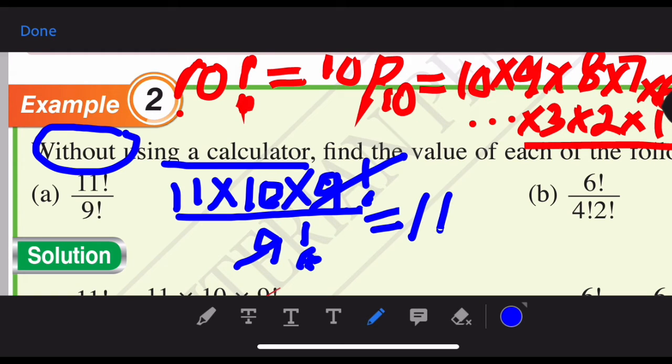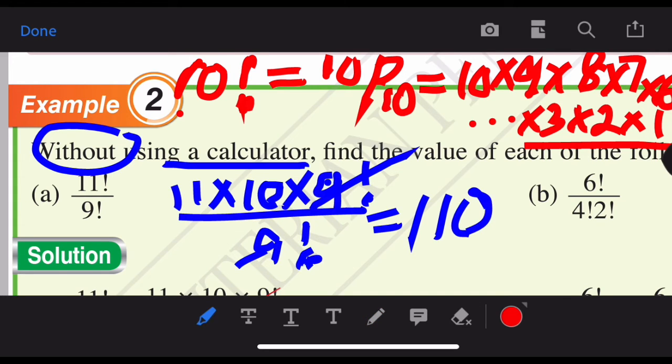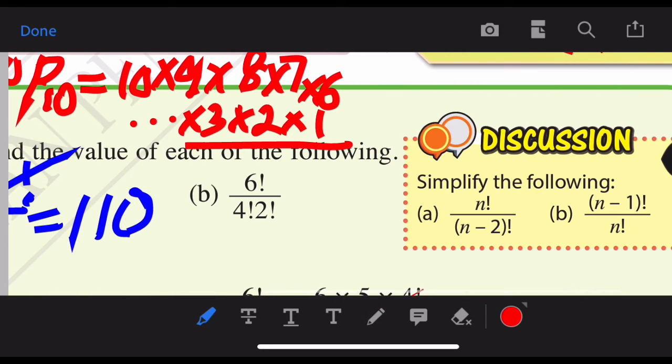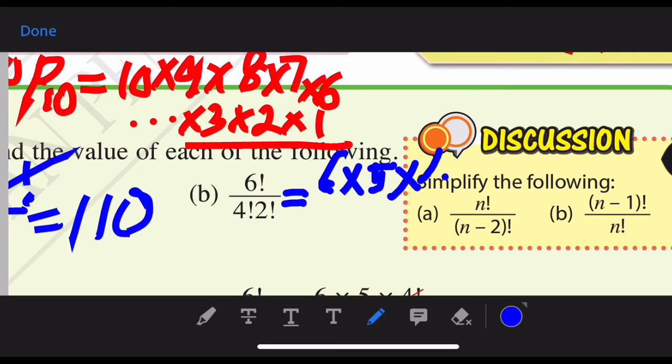You get 110, right? This answer. Now for this one, you will have 6 times 5 times 4 factorial. I stop at 4 factorial because I want to cancel out with the 4 factorial here, times 2 factorial.